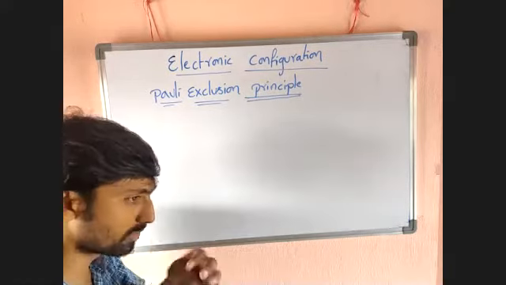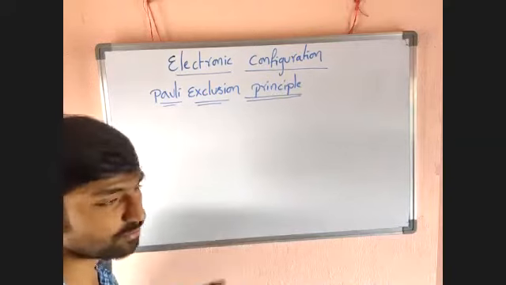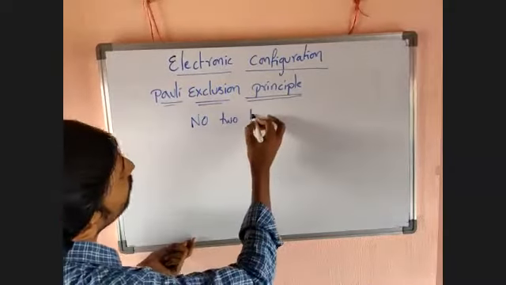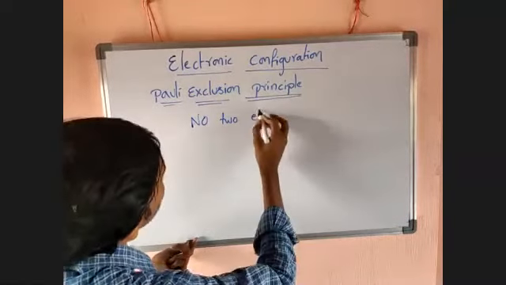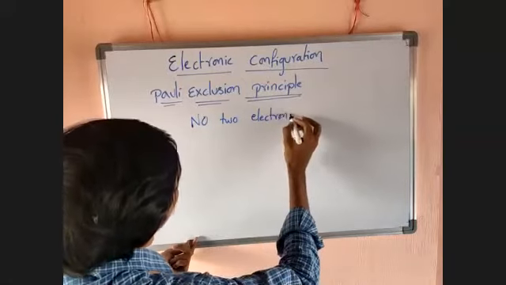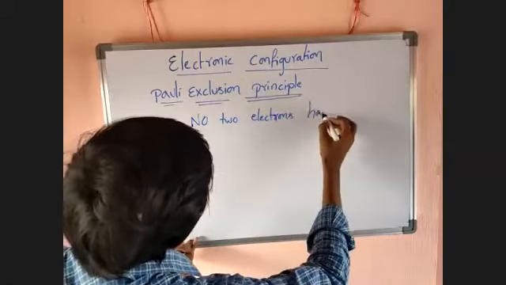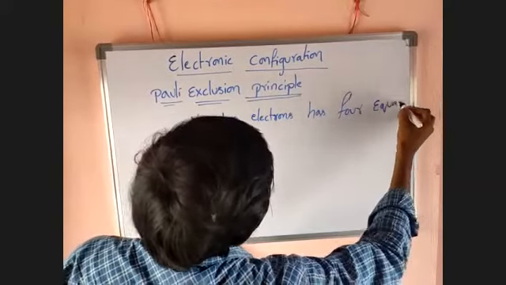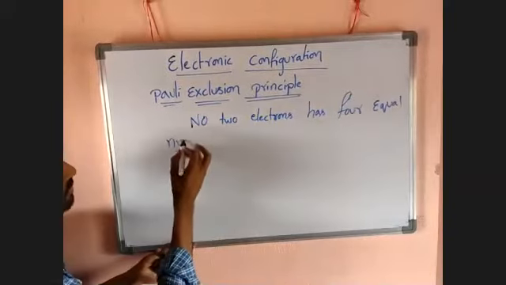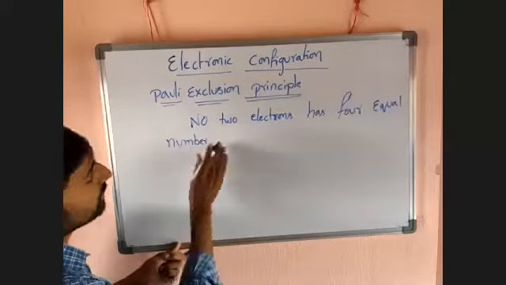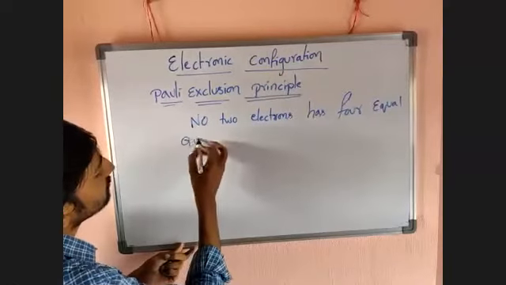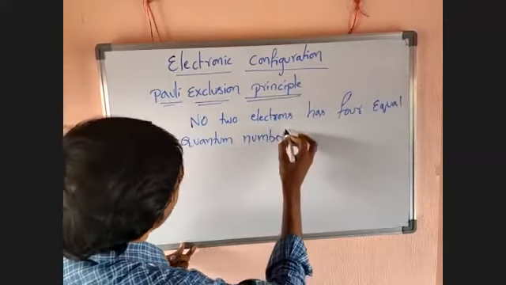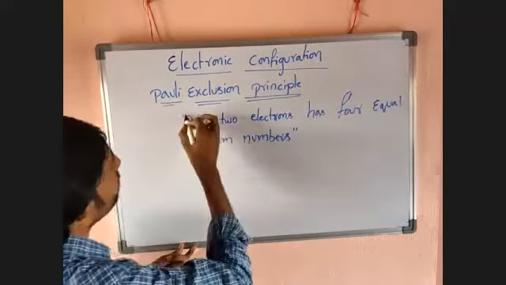So the Pauli exclusion principle is nothing but: no two electrons have four equal quantum numbers. It is a simple definition.